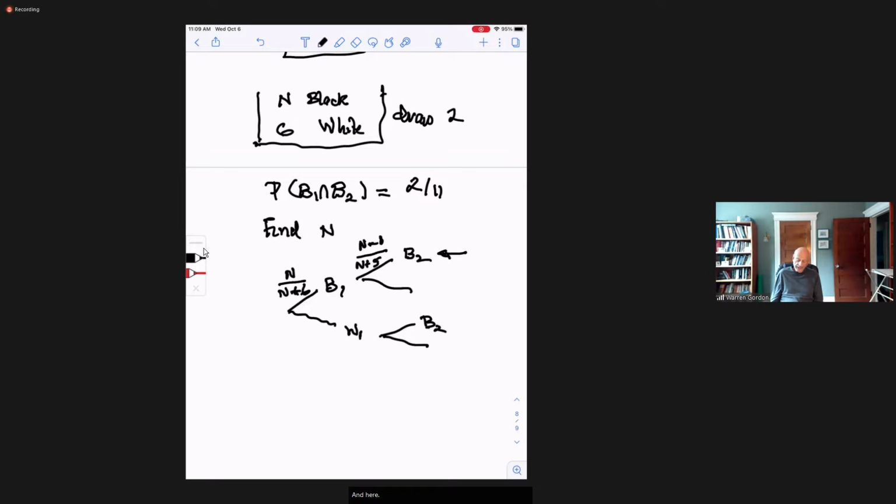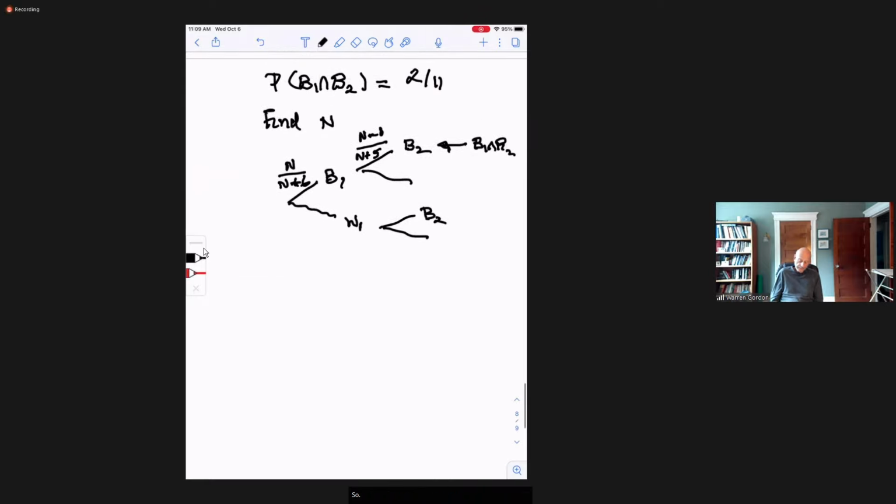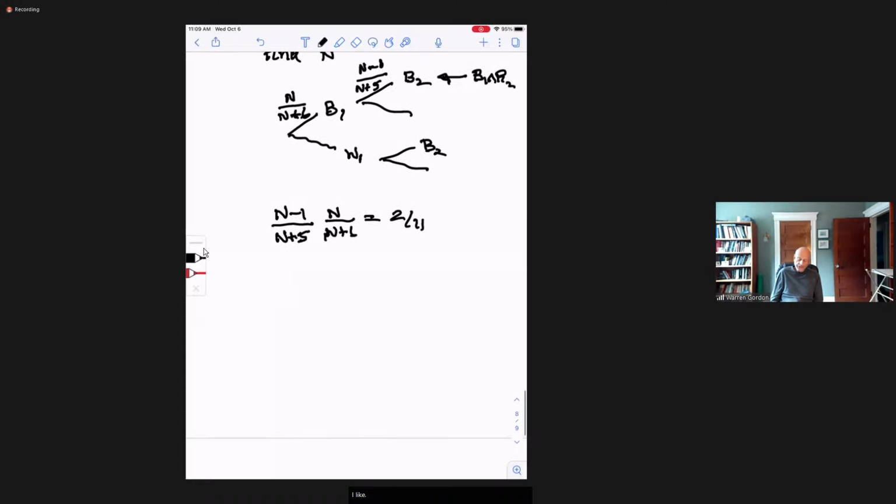And here's the event right here that they're both black. So n minus 1 over n plus 5 times n over n plus 6 is equal to 2 over 11.